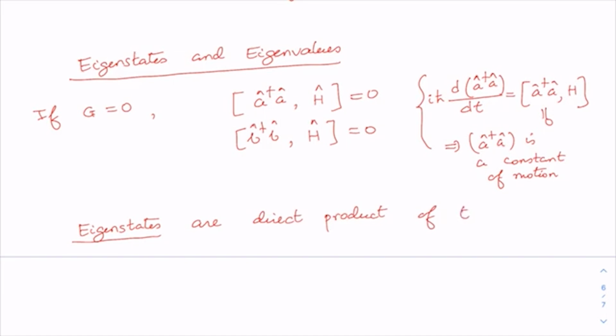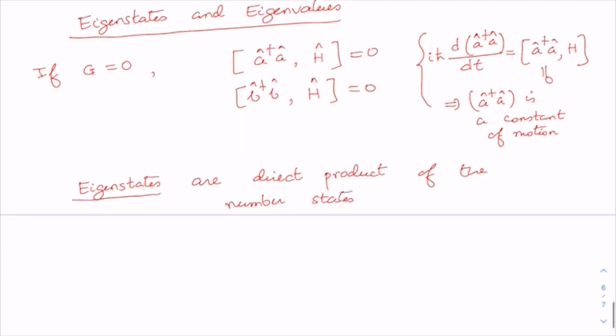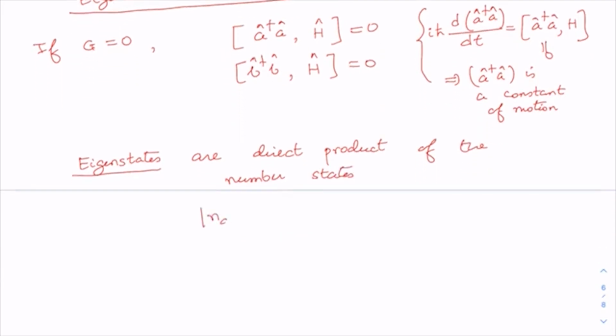of the number states corresponding to photons and phonons, and this we can write as |n_a⟩ for the cavity mode or the optical mode, and |n_b⟩ for the mechanical mode, and in shorthand notation let me write it as |n_a, n_b⟩. So this is the eigenstate.